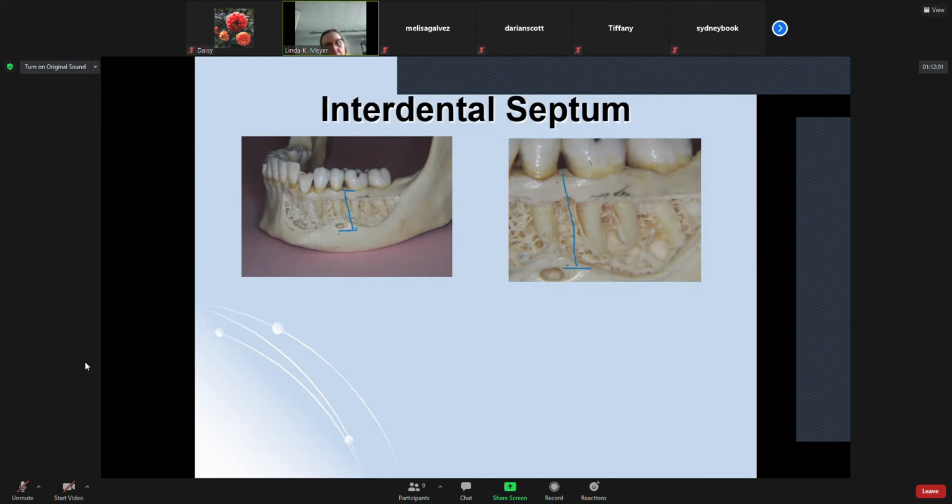And what I want you to see here is how, when the compact bone on the outside has been cut away, that's all the spongy bone you see. And then you can also see the alveolar bone proper on the distal aspect of that root, and we can see the alveolar bone proper on the mesial aspect of the mesial root of number 19.